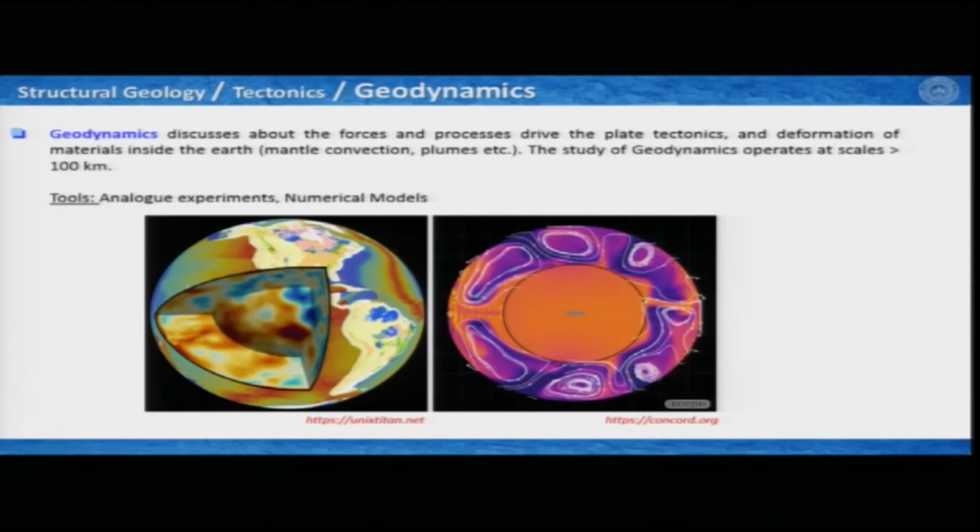So it operates at a scale of more than 100 kilometers, and there is no way you can do field work at the core mantle boundary or even the crust mantle boundary. So there is no scope of doing field work. So what tools we are left with are analog experiments and numerical models.